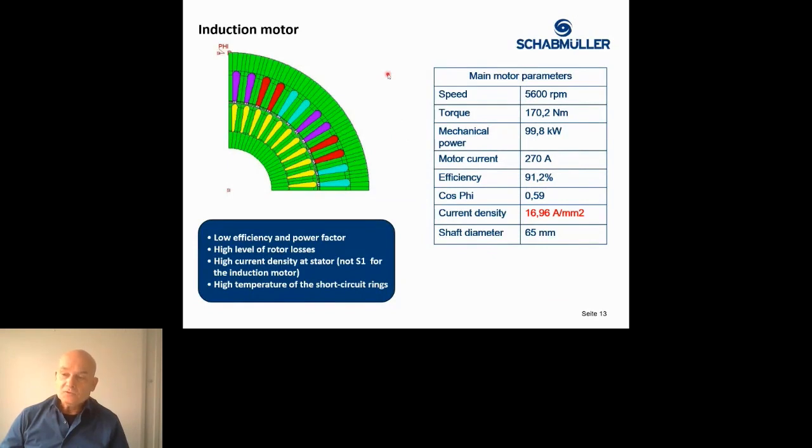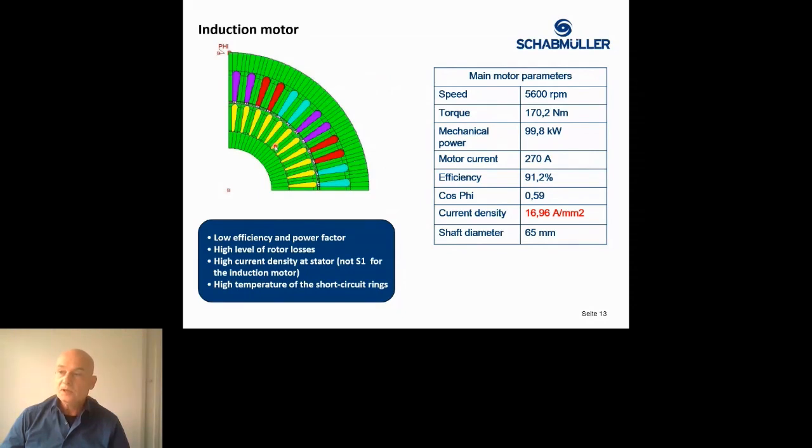One can also always think about using no magnets, for example, going back to the good old induction motor, which has die-cast aluminum conductors in the rotor.